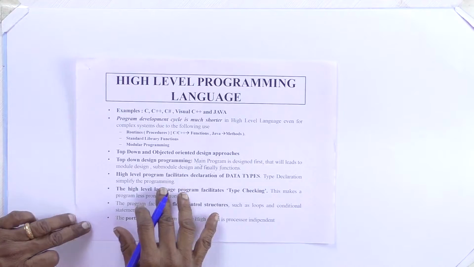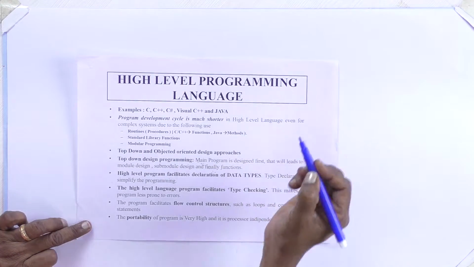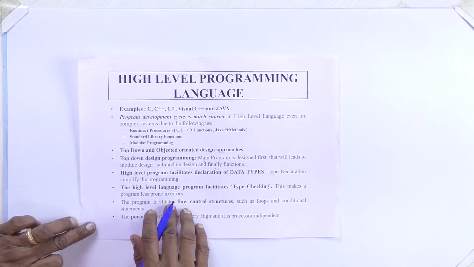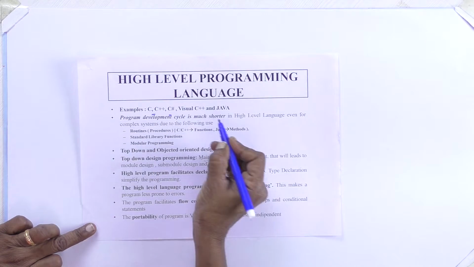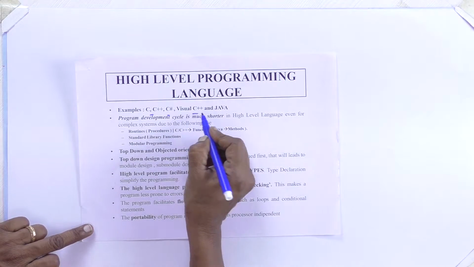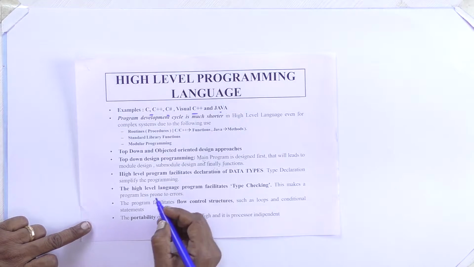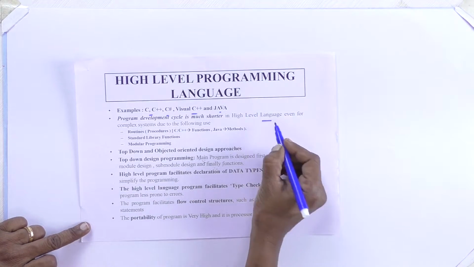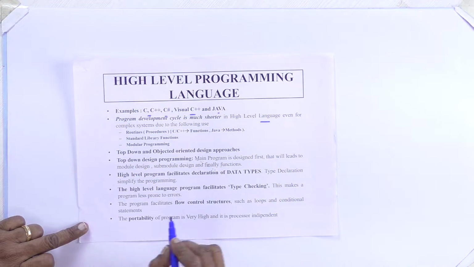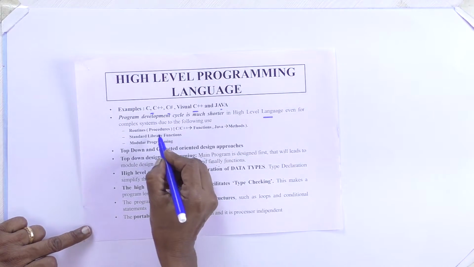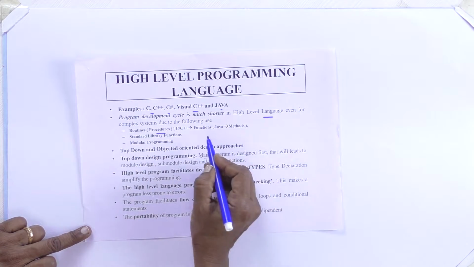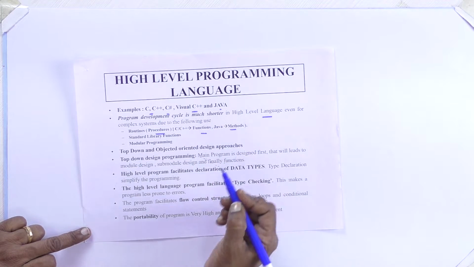Next, we have to speak about the high-level language programming concepts. The examples, as we saw earlier, are C, C++, C Sharp, Visual C++, and Java. The program developed is much shorter in a high-level language, and it may be complex due to the several procedures followed, C++ functions and Java methods.